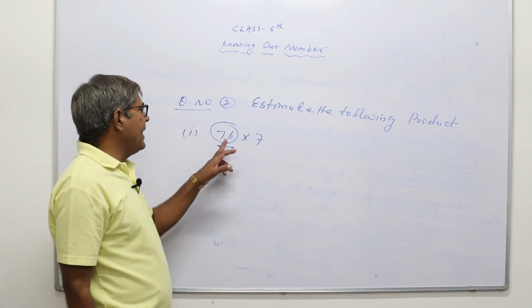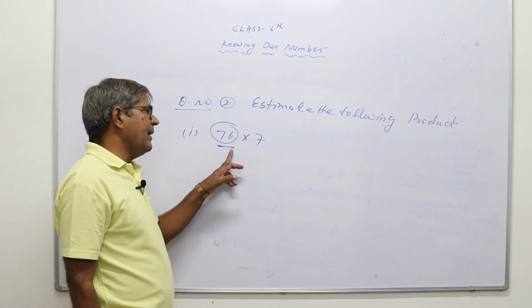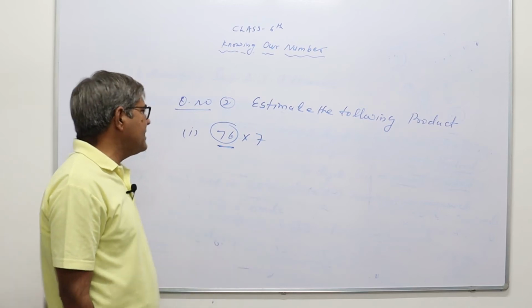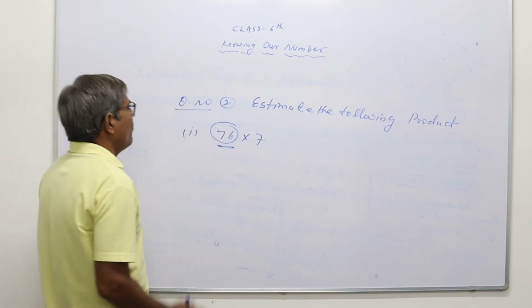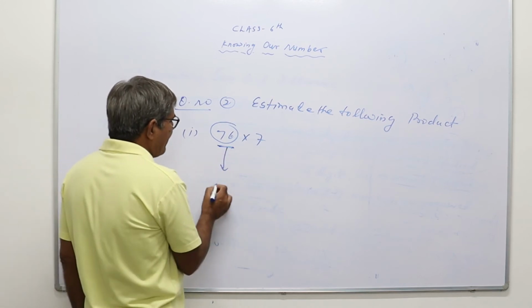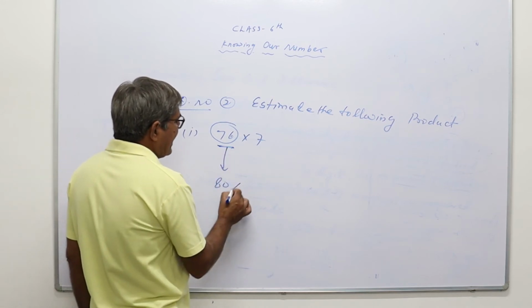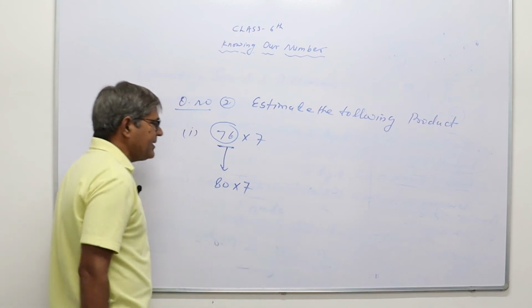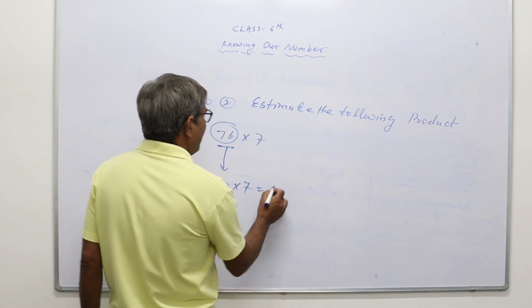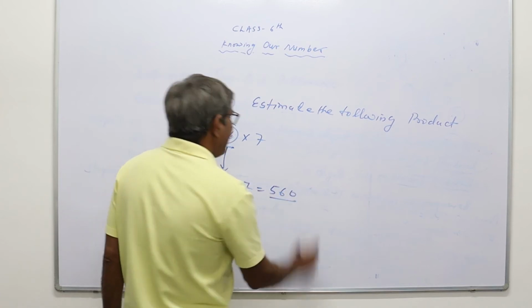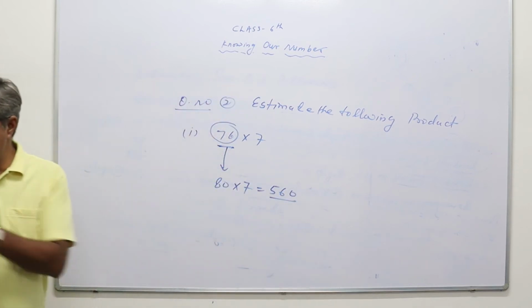So the unit digit will be replaced by 0, and the digit at tens will be increased by 1. So the estimated number will be 80, and now if we have to multiply this by 7, then 8 times 7 is 56. So 560 is your answer.